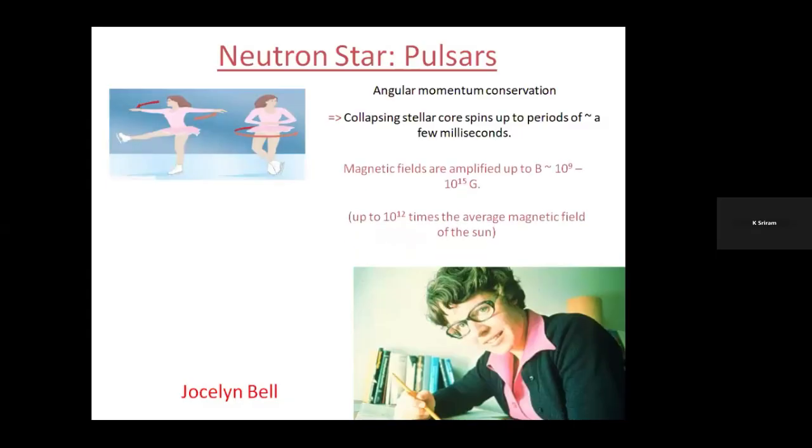Can you see my next slide? Neutron star, pulsar. Yes, sir. So she is Jocelyn Bell, and this is her boss. She was a scholar at that time, and she was the first person to detect neutron stars.